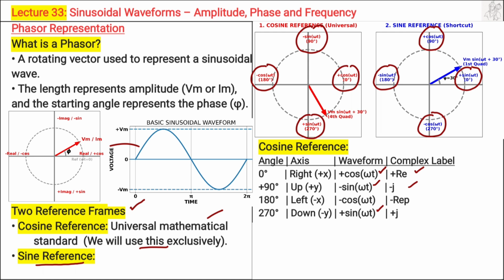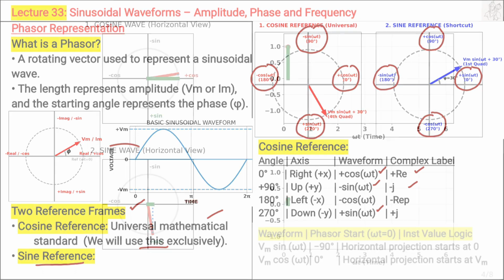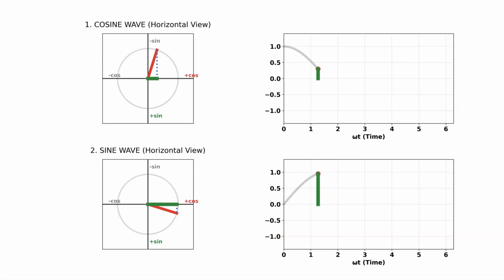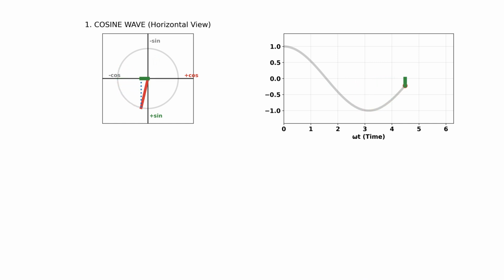So now we have understood the cosine reference, and let's see how the wave is represented by this reference. This is a particular animation which represents cosine wave and sine wave represented by the rotating phasor. So let's start with the above 2 images. On the right side, we can see that this is a cosine wave because at 0 degree, that is cos 0, it is having the maximum value, that is 1, because cos 0 is 1.